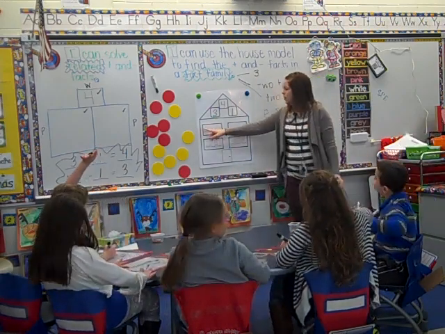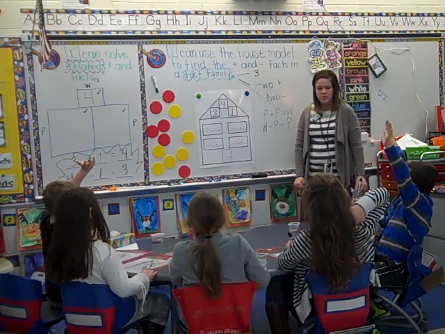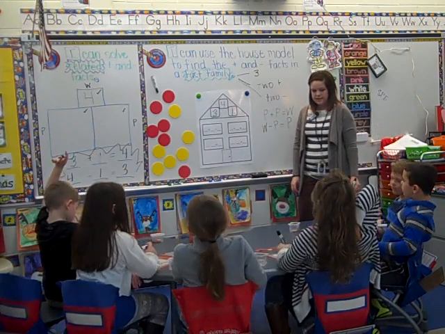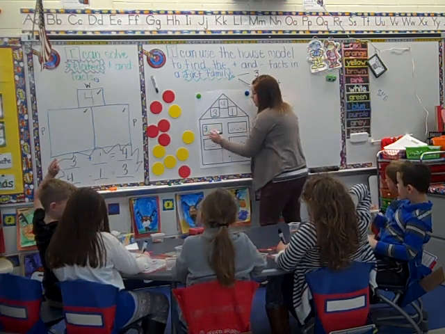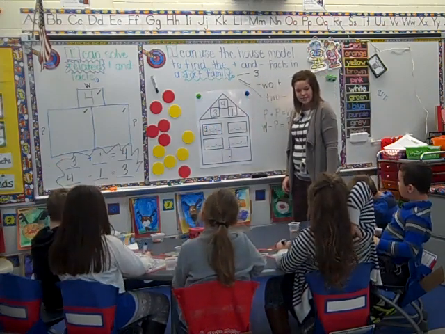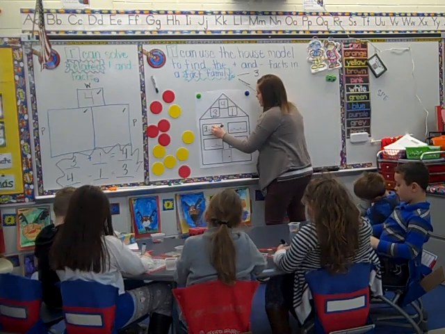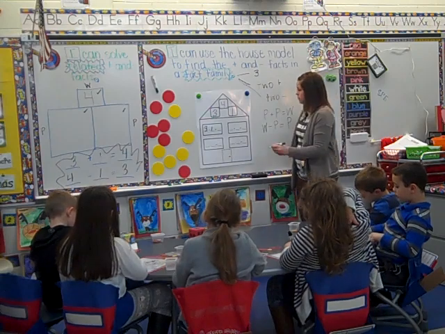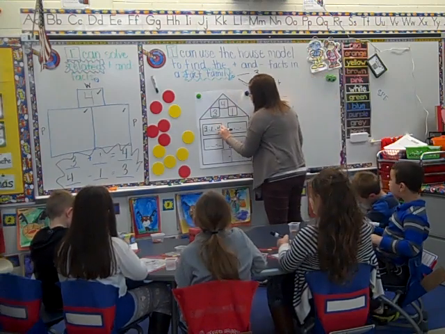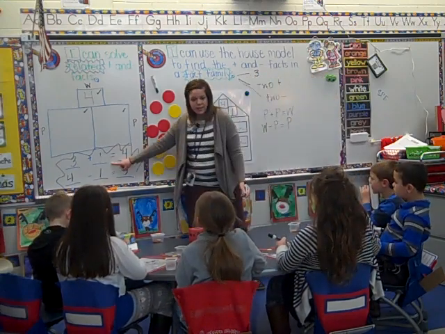Okay, so what is one of our addition sentences going to be? Manny? 3 plus 1 good. I love how he's looking at this to see what our parts are. Equals 4. Good. Let's see, did we use the same one? Yes.